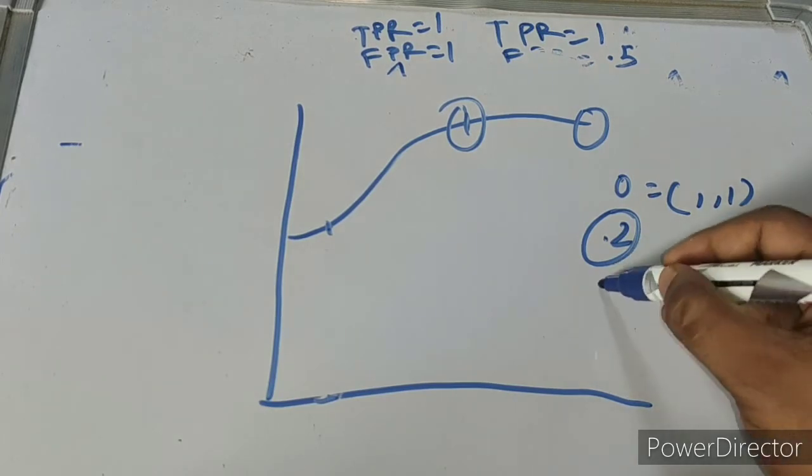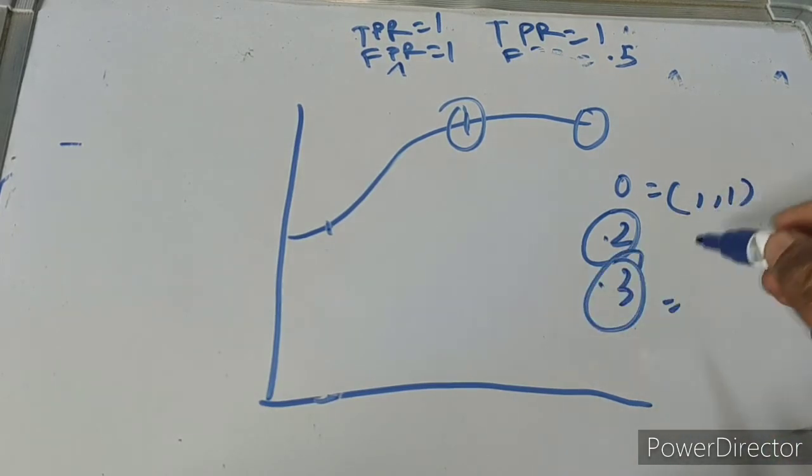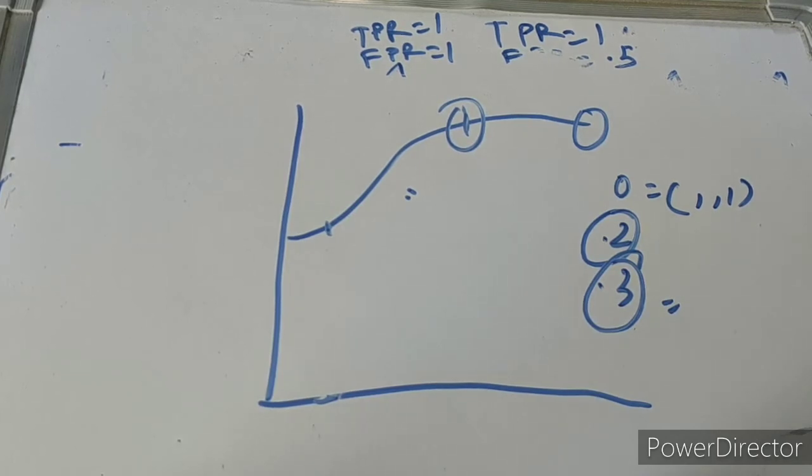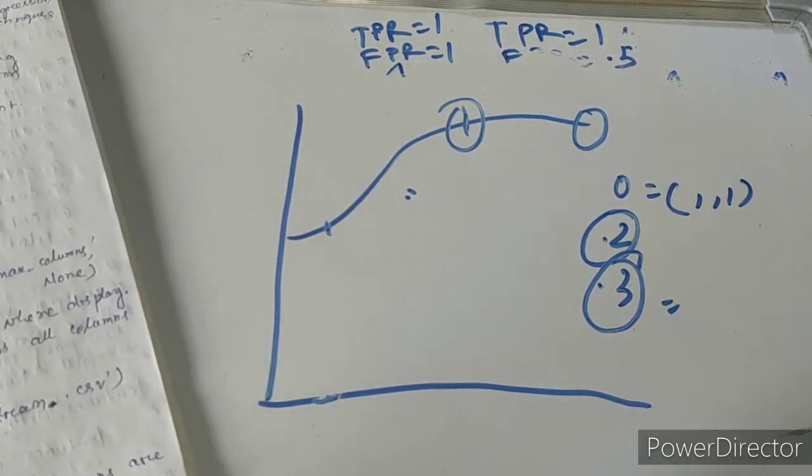Suppose for 0.3 it has some other value. So what they require is whether the true positive rate must be higher. Some domain experts say we need our true positive rate to be higher, and we do not care about the false positive rate. In that scenario, they can proceed with their respective threshold value.